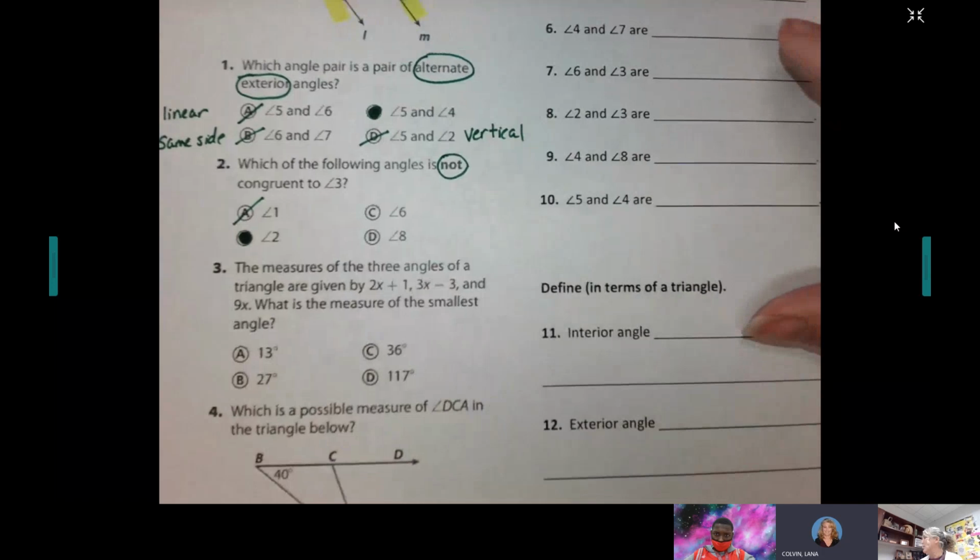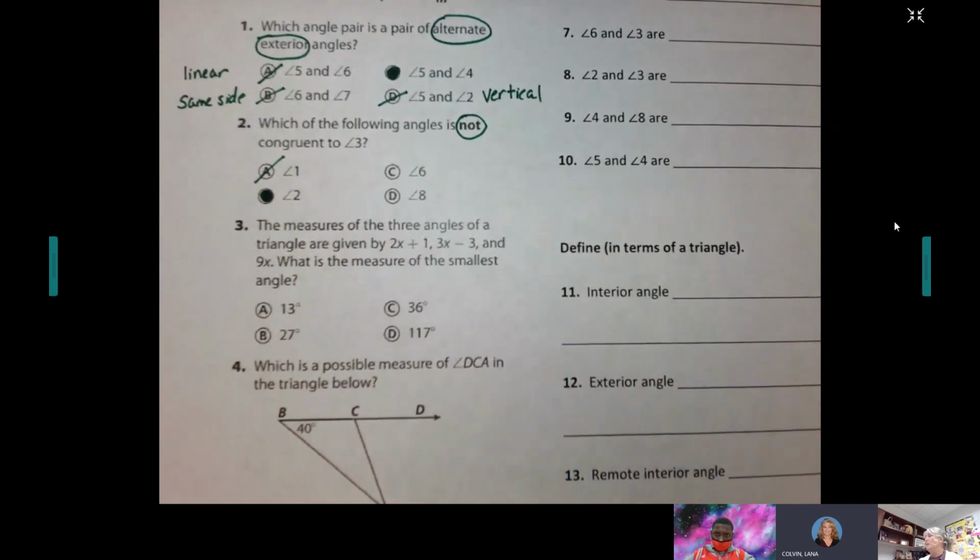All right, number 3. The measure of 3 angles. Let me get a calculator. Okay.